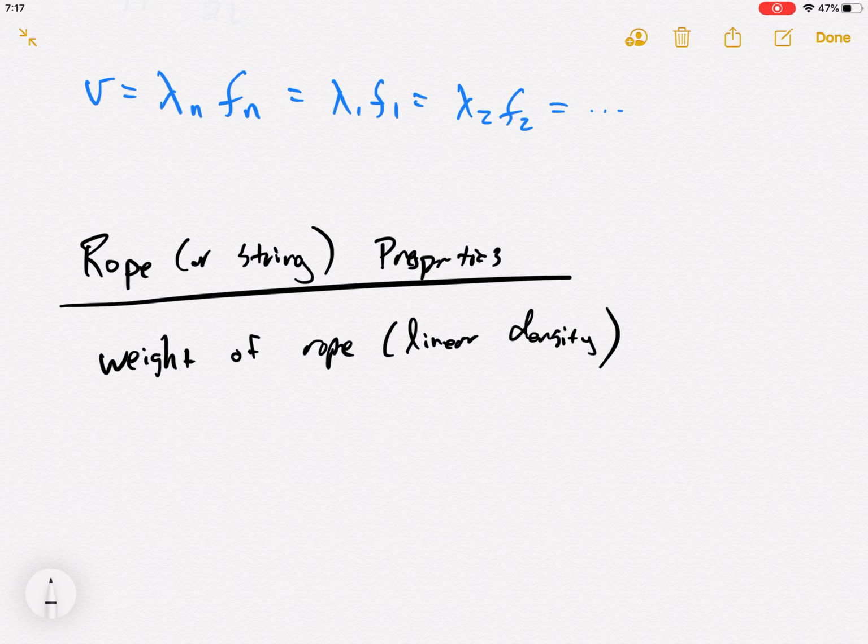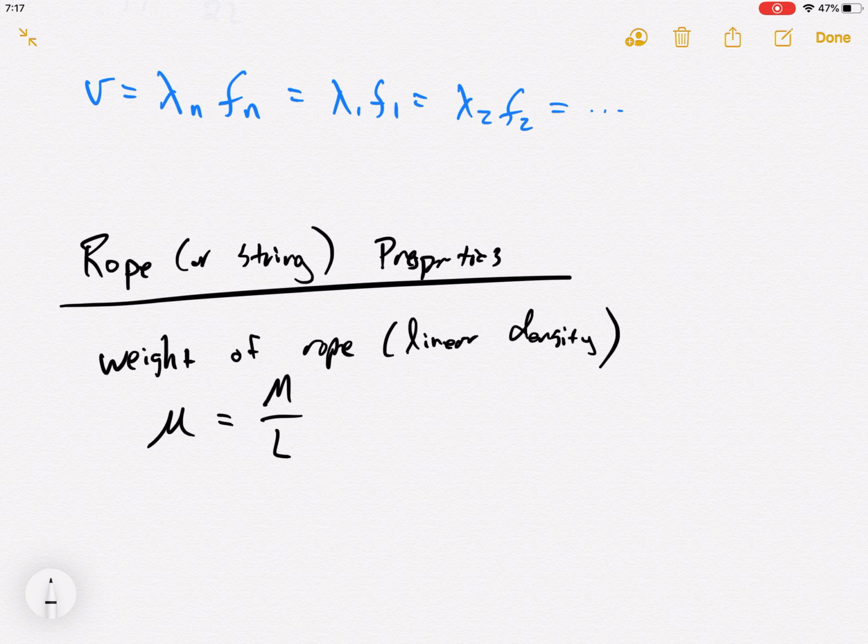Linear density is this Greek letter mu. We've used it before. This is what we're using for mass per unit length. So it's total mass divided by total length, or mass of some section divided by that section's length. Things that have a high linear density are like the ropes that you would use on a sailing ship. Ropes that have a low linear density are like string that you'd buy, like twine.